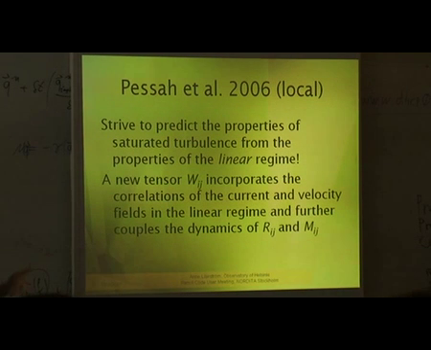There is no way to analytically solve the properties of the saturated turbulence from first principles. They incorporate a new tensor W, which has all the current and velocity fields and their correlations in the linear regime.